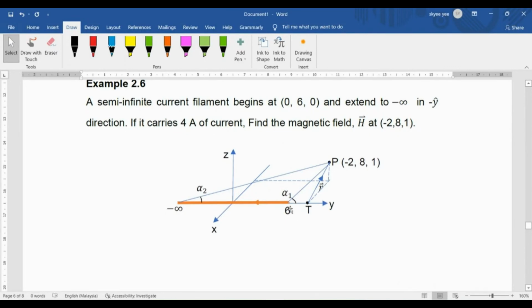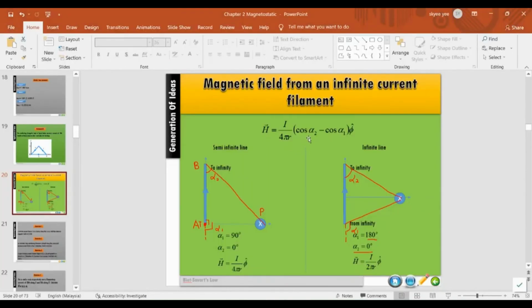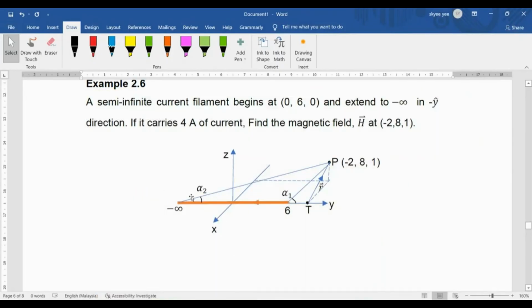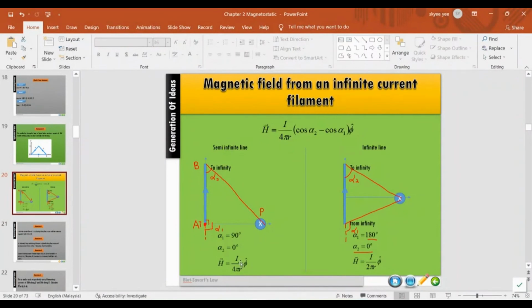So you need to find out what is alpha 1 and replace it into the formula for the magnetic field. But what you can approximate is the angle alpha 2, because it extends to negative infinity. So your alpha 2 will be equal to 0, and this is for sure.